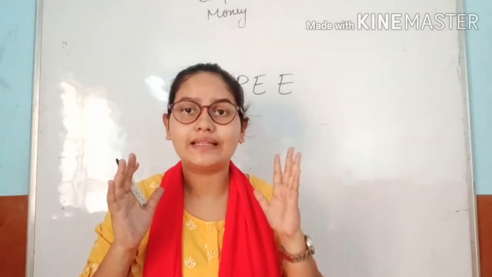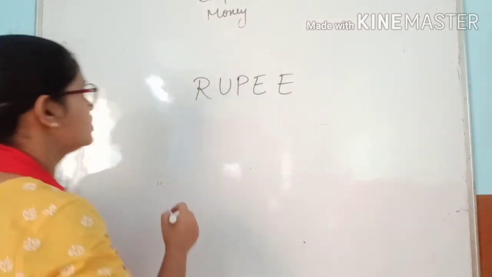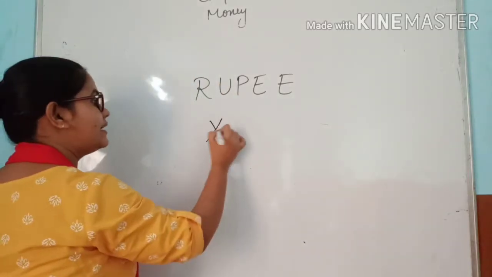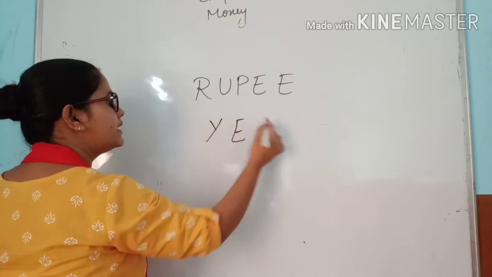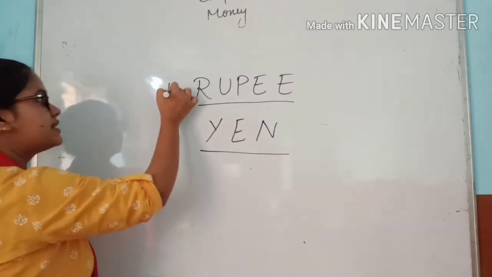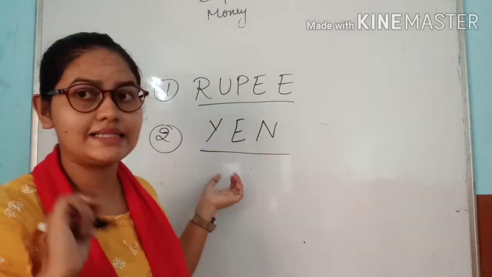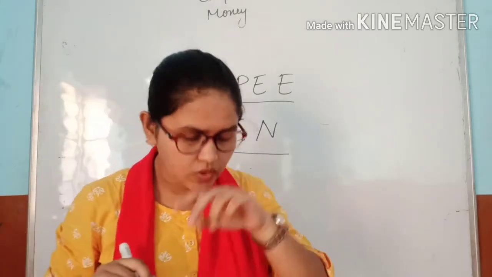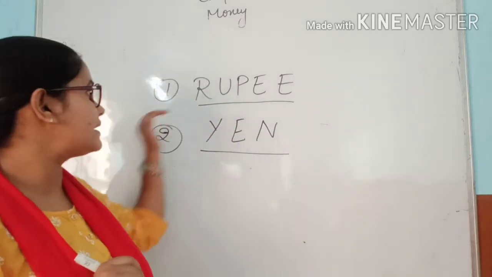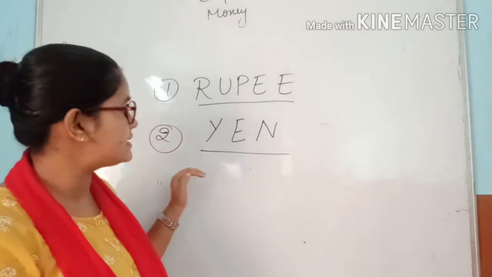Does anyone know that the currency unit of Japan is yen? Okay, so the second one is yen, Y-E-N. So in the blanks you have to write the currency units of the country. So now we know that the Nepal currency is rupee and the Japan currency is yen.